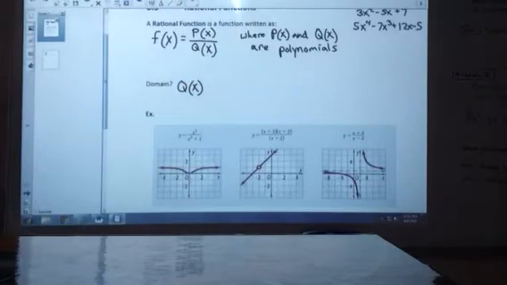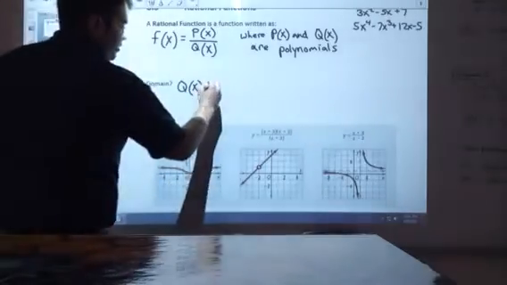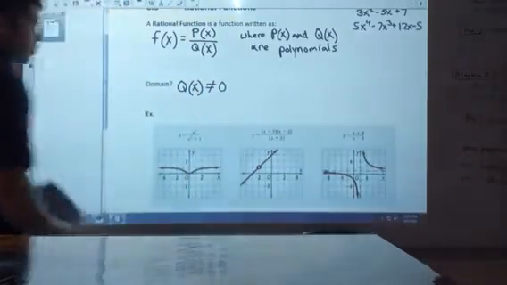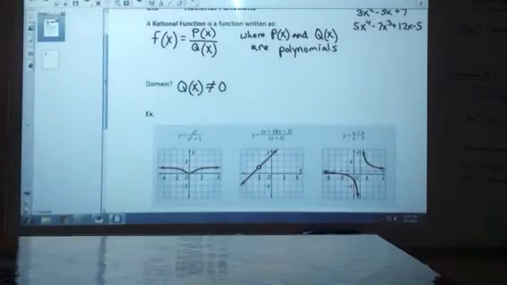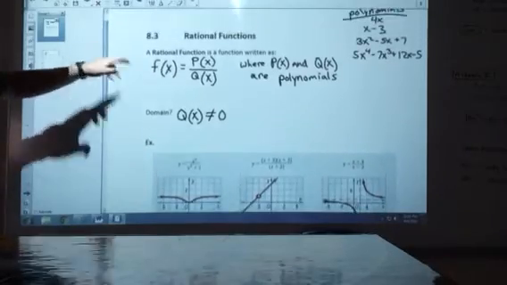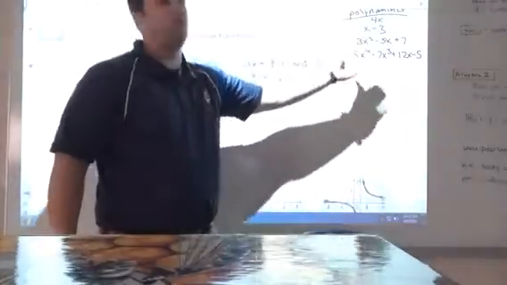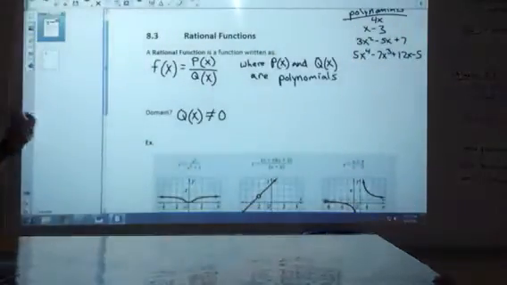That q of x, remember it's a polynomial, whatever it is, can't equal 0. Now, q of x could take different shapes. It could just be a single term. It could be a whole bunch of terms. So whatever's in the denominator cannot equal 0.